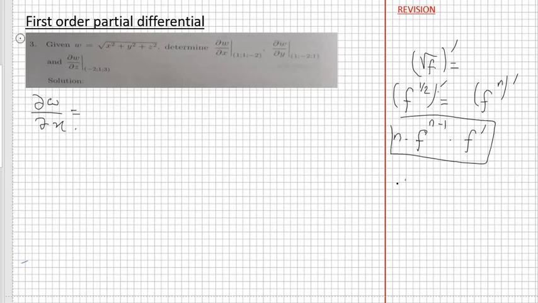So in other words, if we have f to the power of n, we have to find the derivative of f to the power of n. All you need to do is, we have n multiplied by f to the power of n minus 1 times the derivative of f.